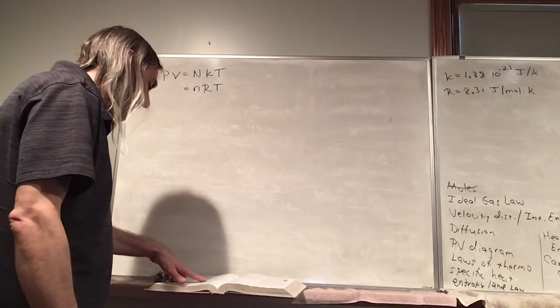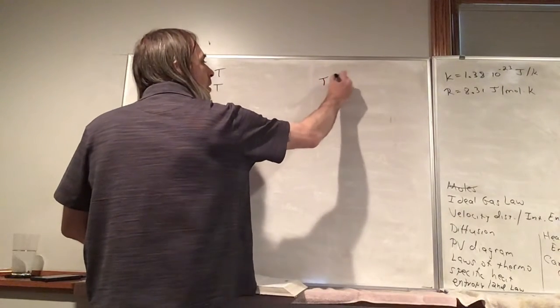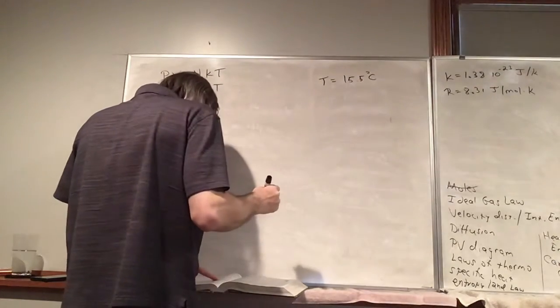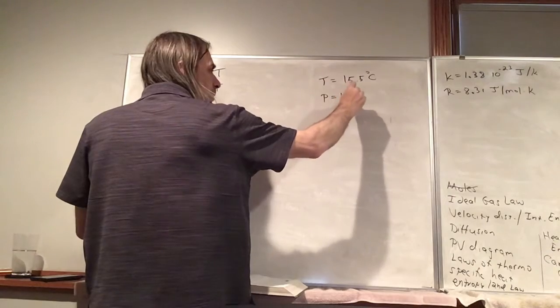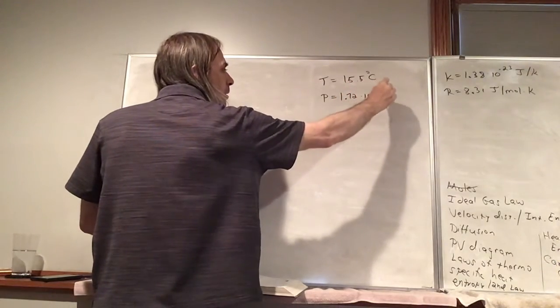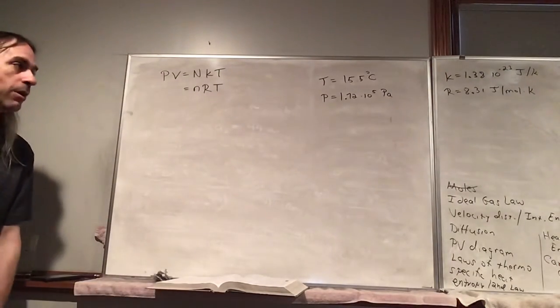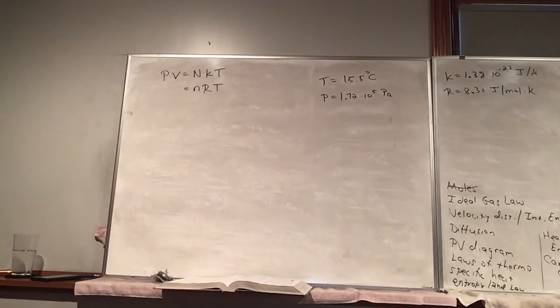So we have an ideal gas at 15.5 degrees Celsius and a pressure of 1.72 times 10 to the 5th pascals. Now, atmospheric pressure is about 1.01 times 10 to the 5th. So this is roughly 1.7 atmospheres, higher than atmospheric pressure.